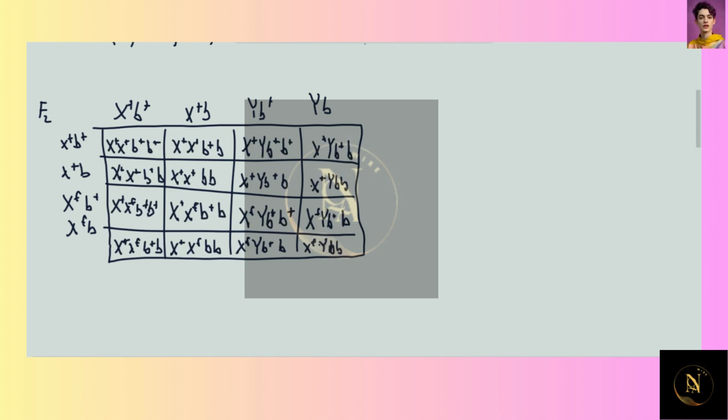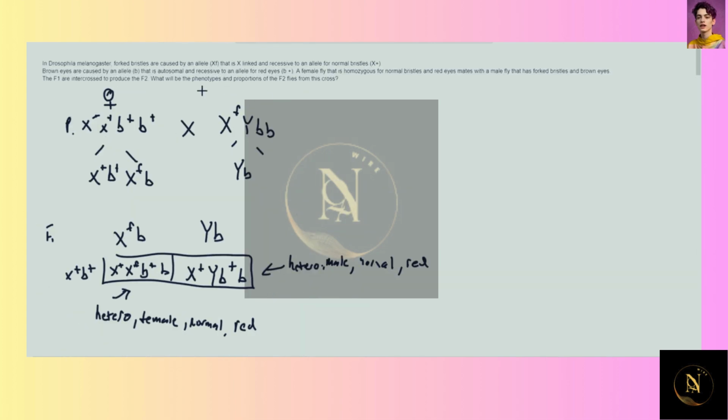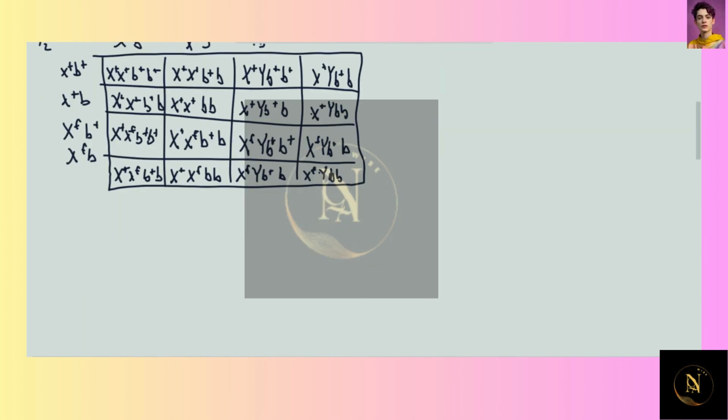So now we can find our female flies. Let's start here with female with red eyes and normal bristles.